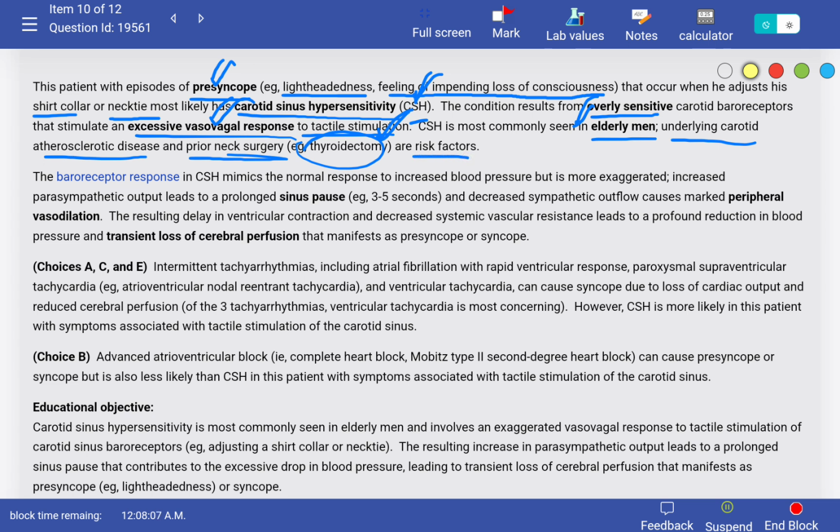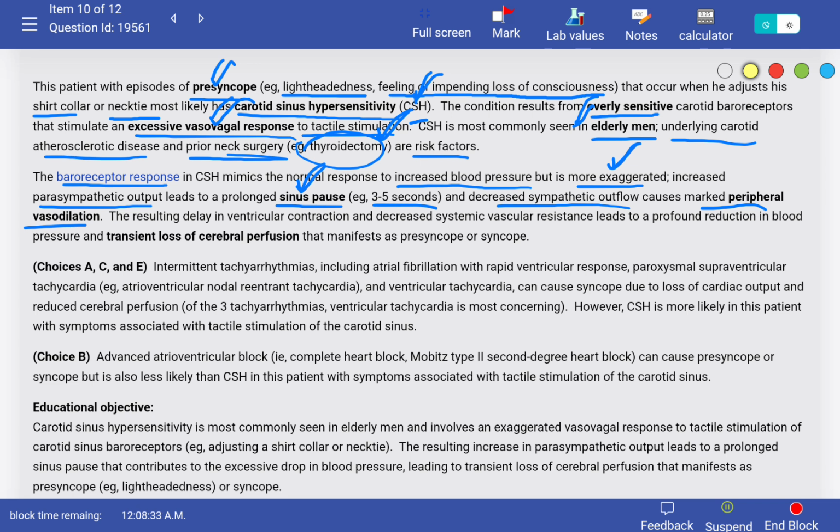These are risk factors. Okay, the baroreceptor response in CSH mimics the normal response to increase BP, but is more exaggerated, right? Increased parasympathetic output leads to prolonged sinus pause, right? For example, 3 to 5 seconds, and a decreased sympathetic outflow causes marked peripheral vasodilation.